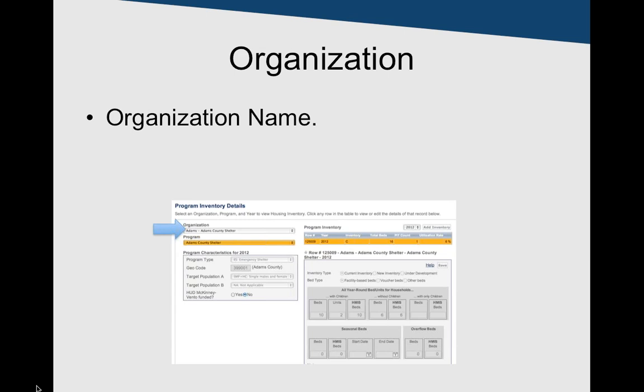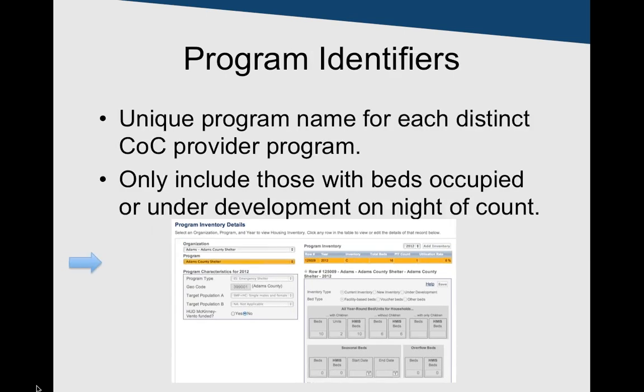We need to make sure that the actual organization name, and similarly when we talk about the program names, that they actually line up. So on that note, we'll talk some about that program identifier, which is the unique program name that is distinct for each one of the COC projects.